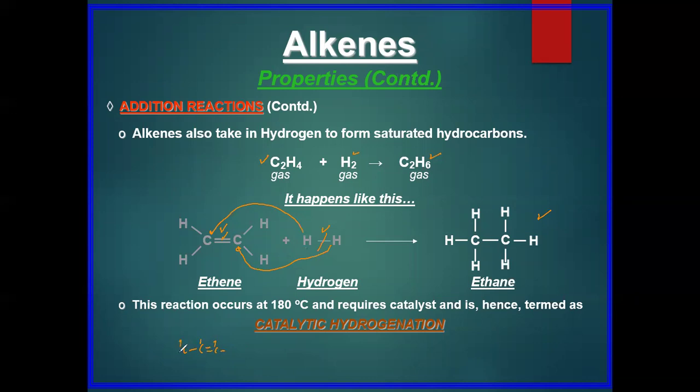If we have propene, like this one, in case of propene you see again hydrogen can be added. So we have to add across the double bond. I have finished the double bond. Now these two electrons are available from the bond broken.